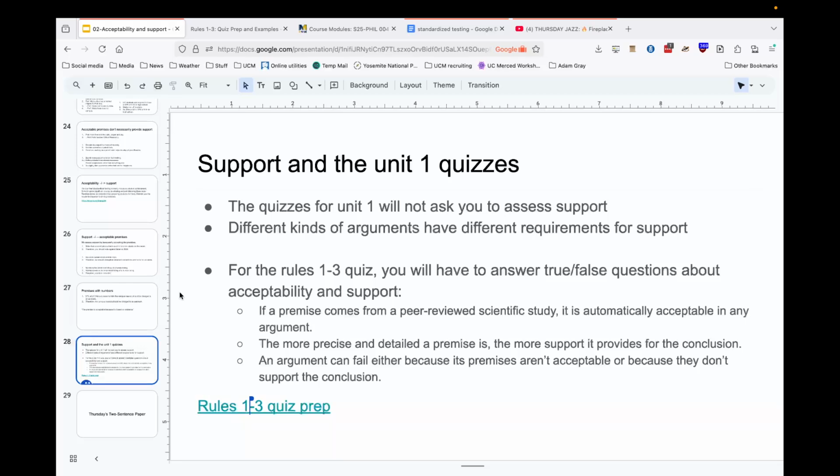Number 2, the more precise and detailed a premise is, the more support it provides for the conclusion. True or false? Duncan? I have a really funny way of saying my answer to this one. Okay. One time in 1933 in Kentucky, a man living with his wife and 2 kids bought a house. And then he found out that the house did not contain truth in this statement.